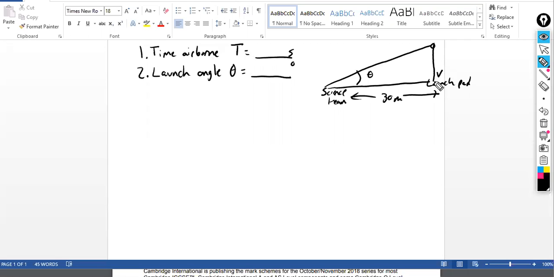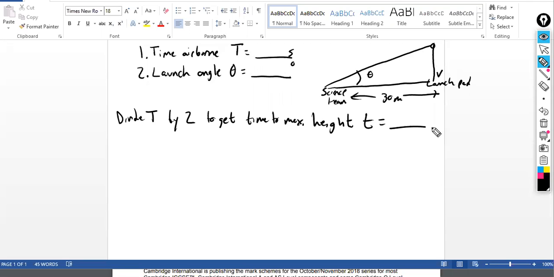The time airborne is the time up and down, but we really only care about the time to max height. And so one of the things that we'll need to do is divide T by 2 to get the time to max height. The time to max height we'll call lowercase t. And so that's really the time that we're going to plug into our equations.